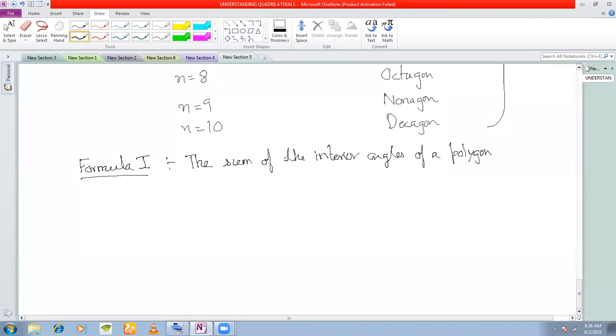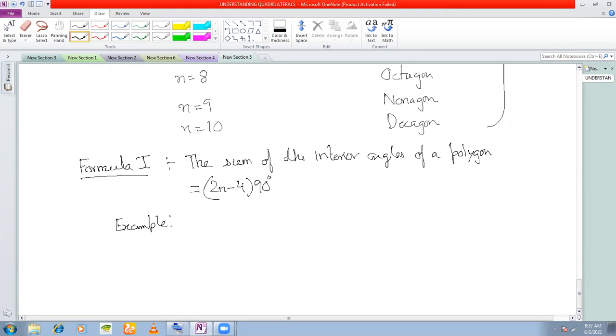When I say polygon, you can consider regular also. I'll be meaning regular polygons from now on. Sum of interior angles of a polygon is equal to (2n minus 4) into 90 degrees. Okay, example.